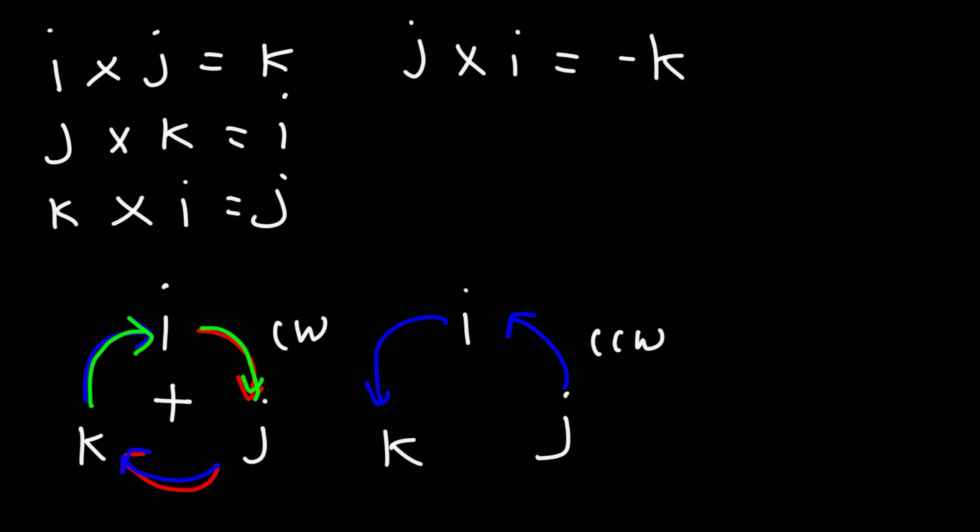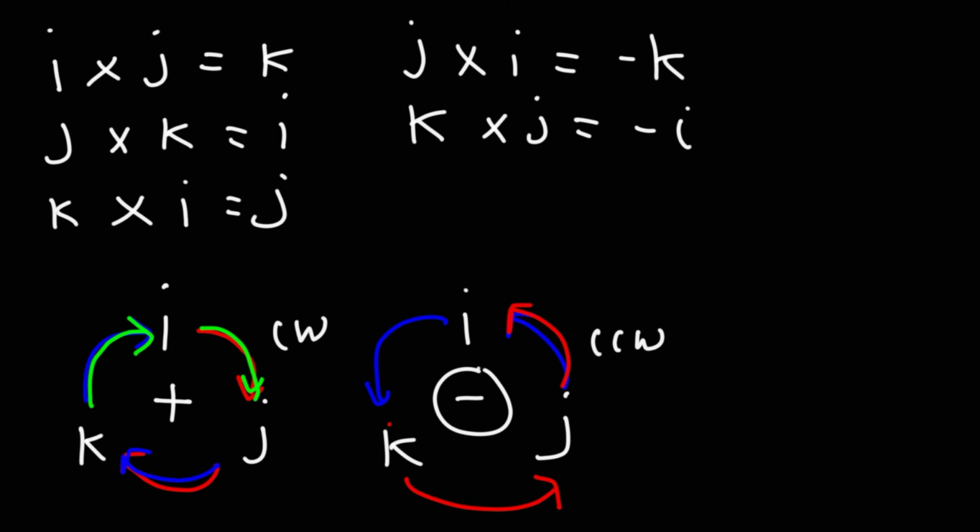Likewise, j cross k is positive i, k cross j is going to be negative i. So for that, I'm starting with k, I'm going to j, and I'm going to get i. But I'm going in a counterclockwise direction, so instead of getting a positive result, I'm going to get a negative result. Likewise, i cross k, so I'm starting with i, going towards k, and I'm going to end at j.